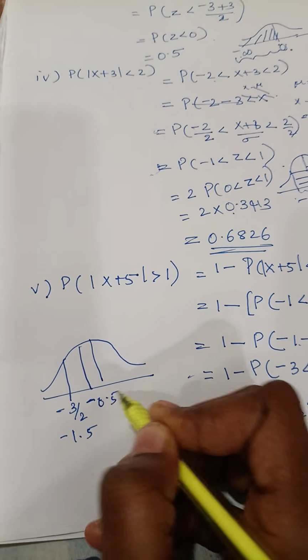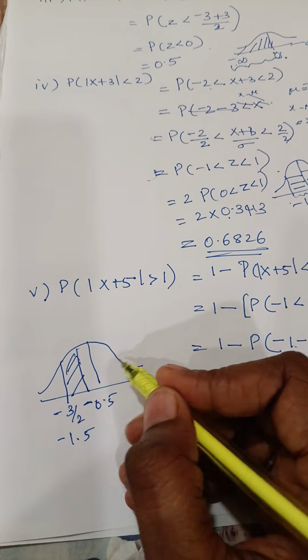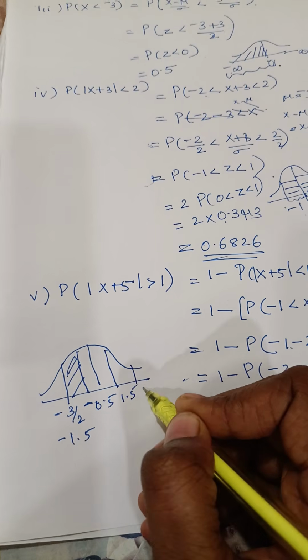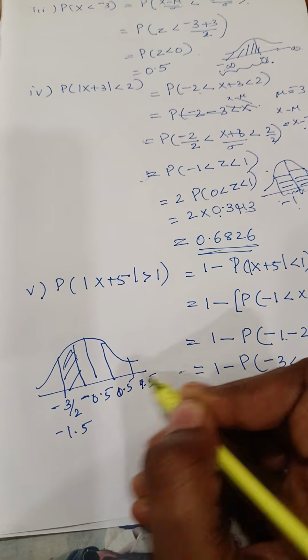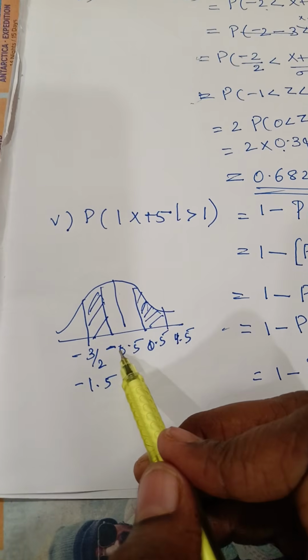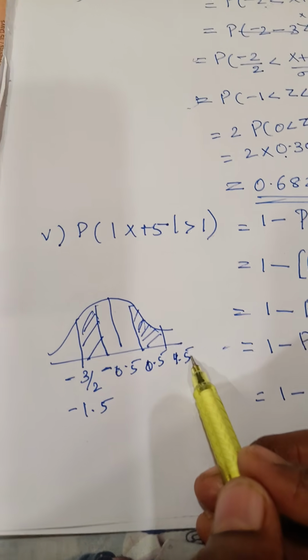So we have to find this area. Instead of finding this area, we can find 0.5 to 1.5, because the normal distribution is symmetric. So the area from minus 1.5 to minus 0.5 and 0.5 to 1.5 are the same.